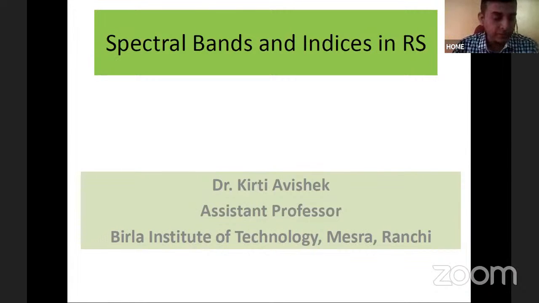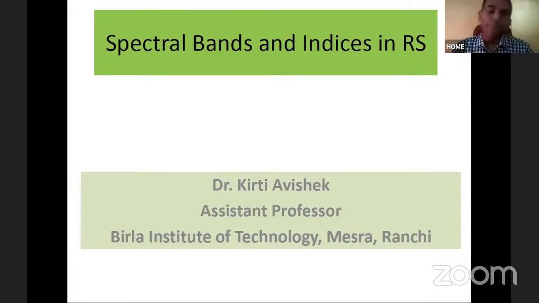Can I have any answer or should I proceed? It depends on the visibility of band, ability of a sensor to define wavelength. Okay, good. Yes, it's basically the ability of a sensor to identify or detect the different wavelengths. That is the spectral resolution.